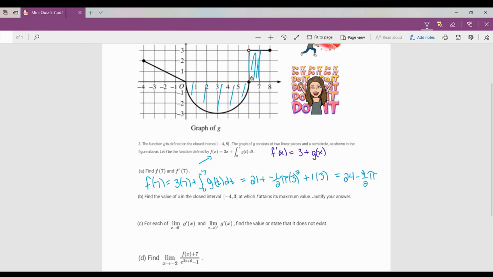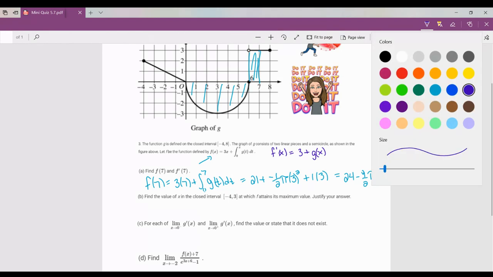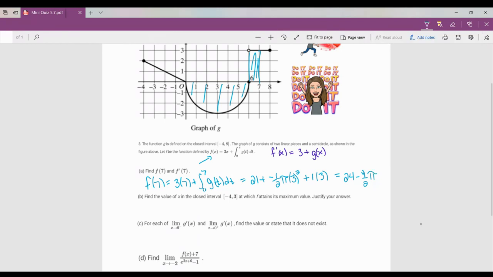Now, if I want to find f prime of 7, f prime of 7 is going to equal 3 plus g of my x, which is 7. So it's going to equal 3 plus g of 7. Well, the graph of g at 7 is at 3. 3 plus 3, 6. All right, so that's it for part A.